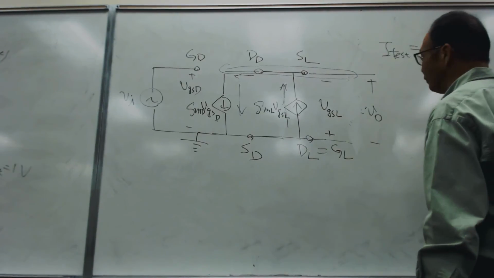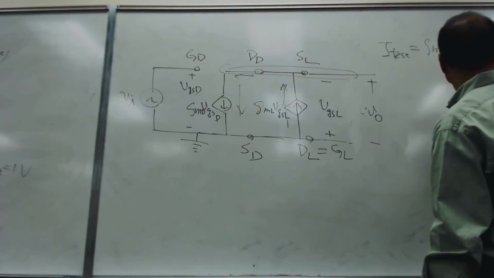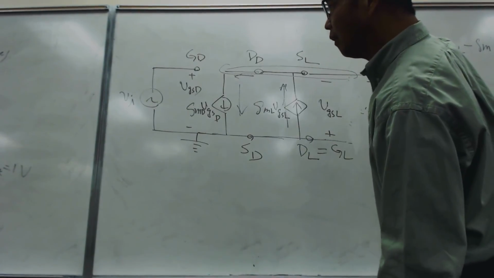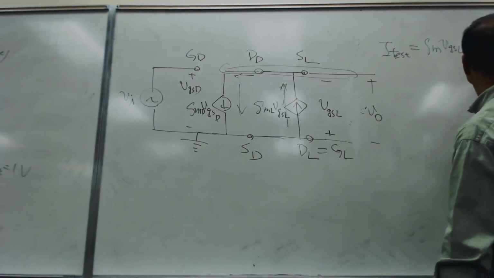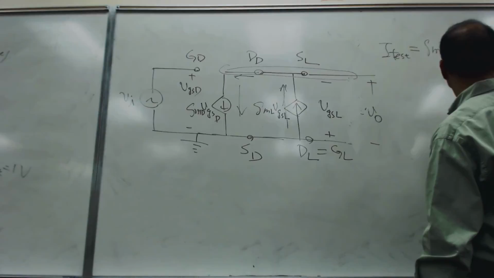It's GML minus GMD VGSD. This is L, this is D, by the way. There are two different GM.